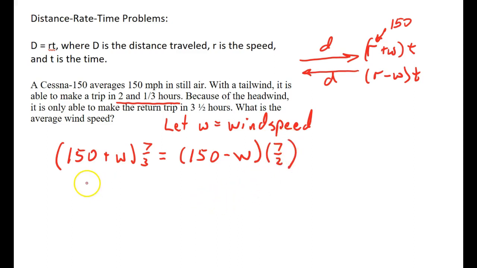Okay, and when we distribute, we're going to get, let's see, 3 goes into 150 50 times, 7 is 350 plus 7/3 W. 2 goes into 150 75 times, and 75 times 7 is 525.